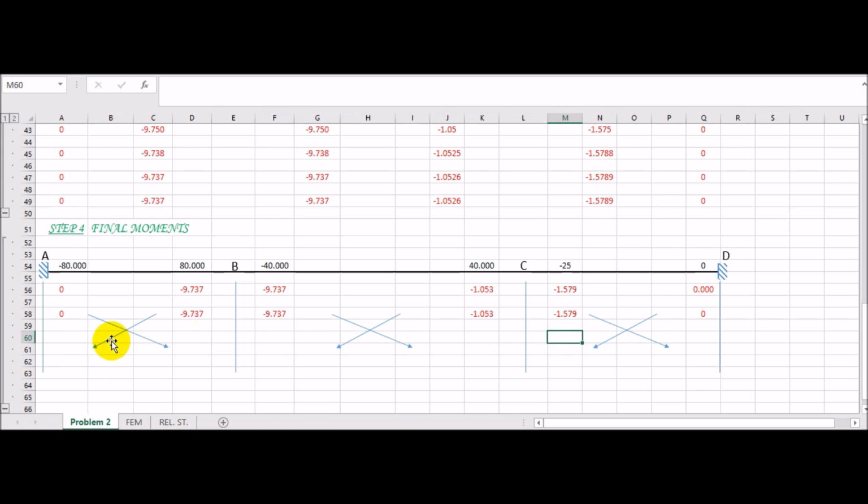So this value comes here, equal to this value comes here, this value comes here, this value comes here.